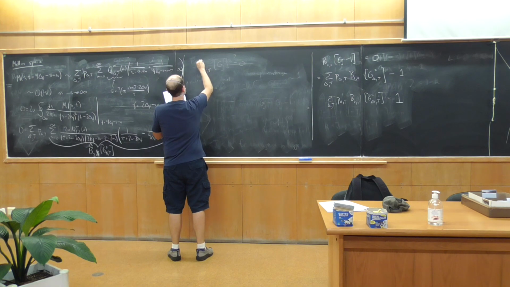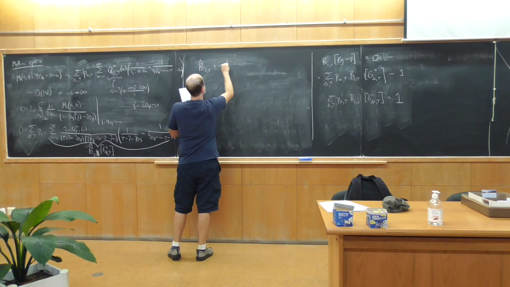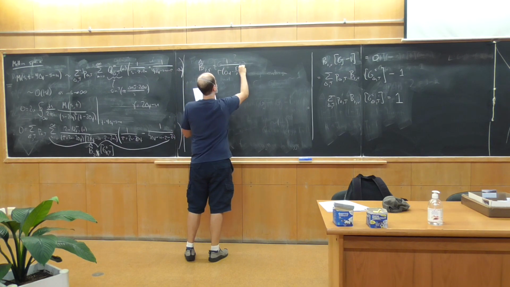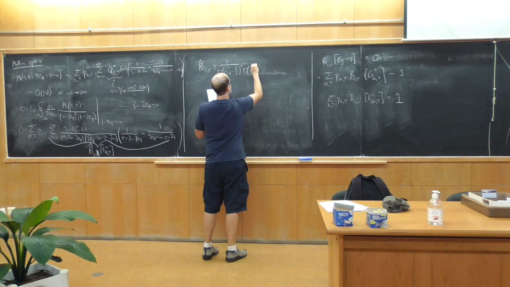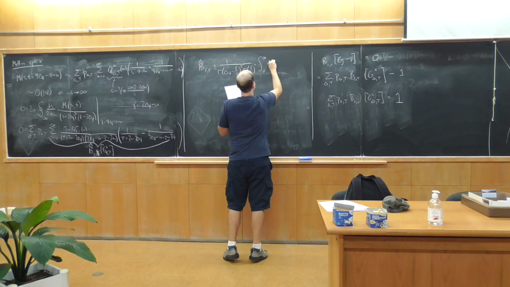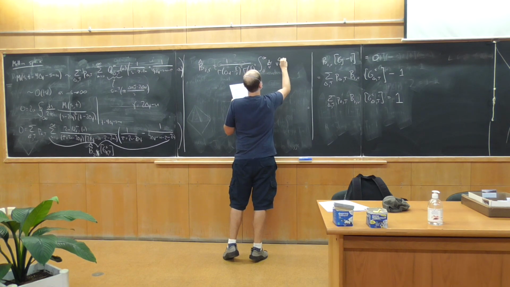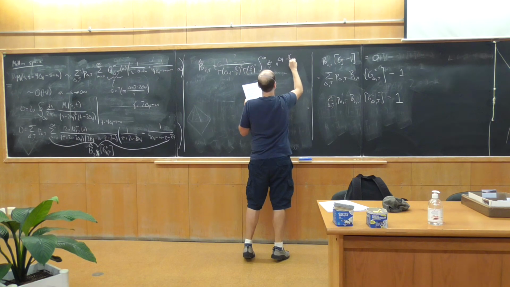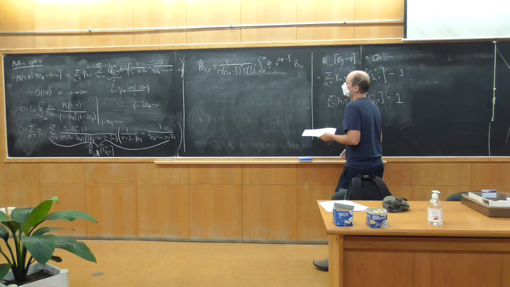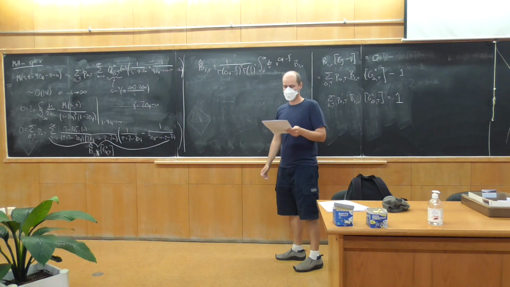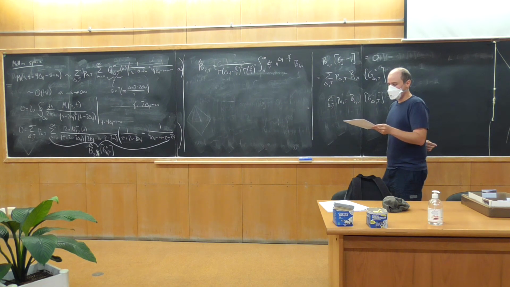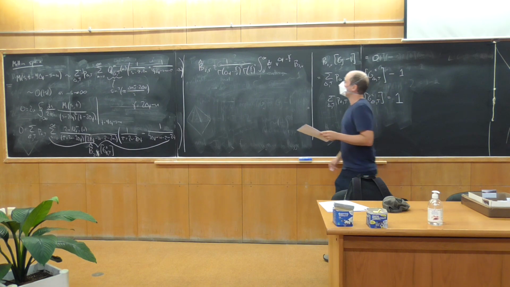So I claim that B2 gamma hat is just equal to some gamma functions times the integral from 0 to infinity dv over v to the delta phi minus gamma over 2 B2b. And you can write the inverse transform to this as well, if you like. You can write B2b in terms of B2 gamma.